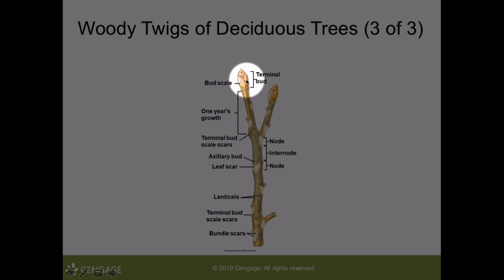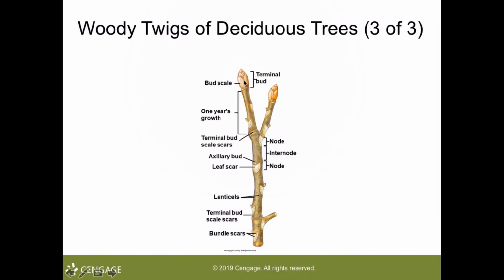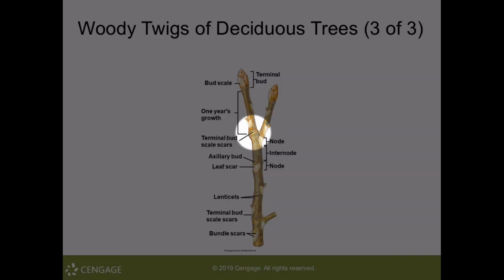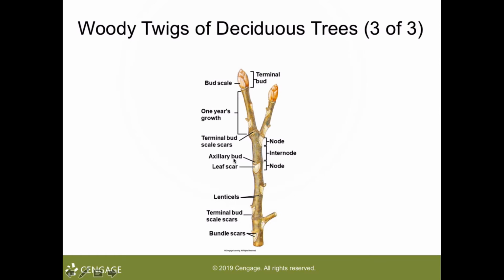It has those bud scales that protect the delicate tissues within. In the springtime, this is where you will see those leaves. What we now have is from what was once a terminal bud here. It says terminal bud scale scars, to the terminal bud with bud scales. That is one year's growth.